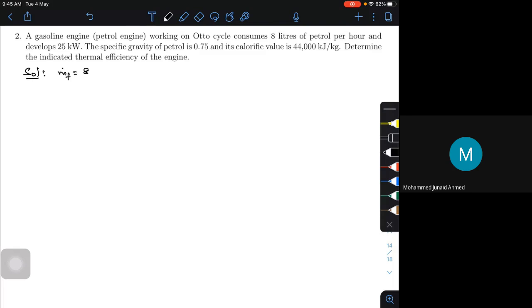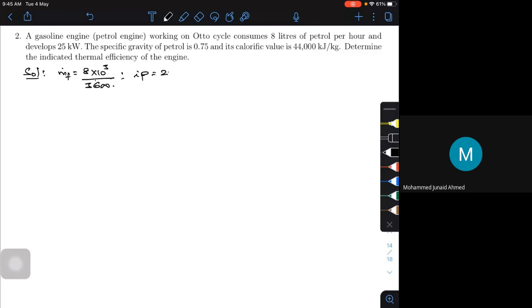If I put the time as 3,600, I will directly get kg per second. Then they are given the indicated power, that is, it is developing an IP of 25 kilowatts.